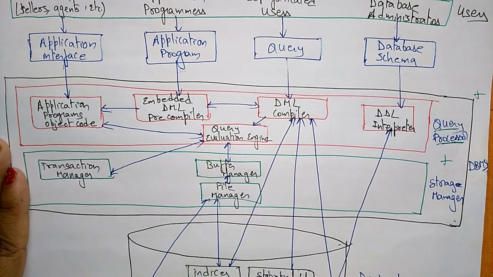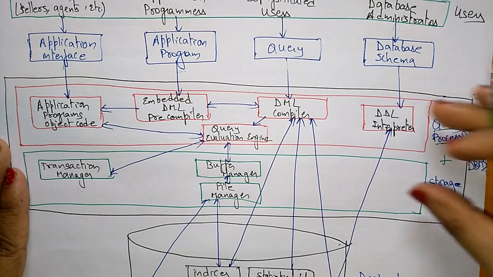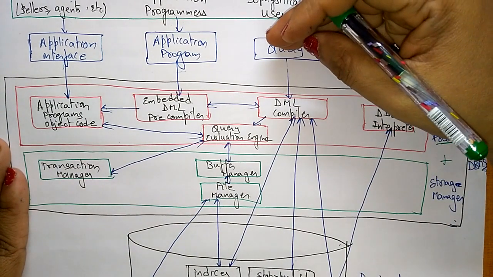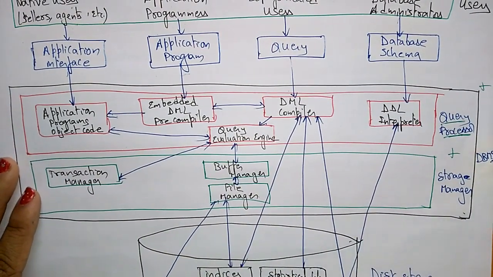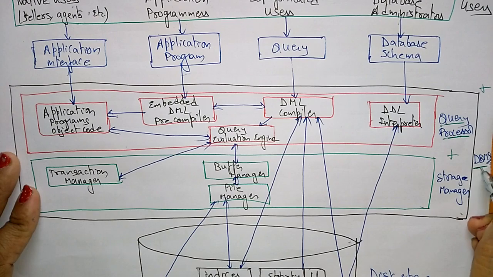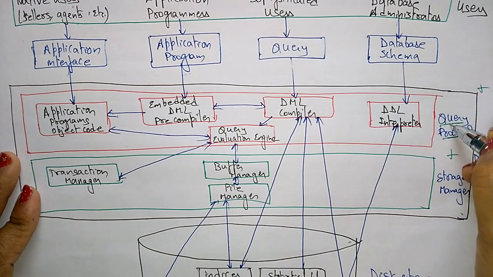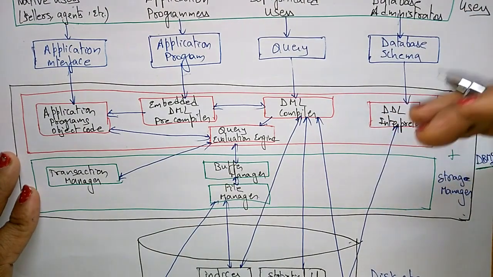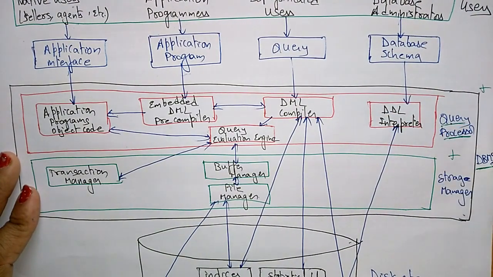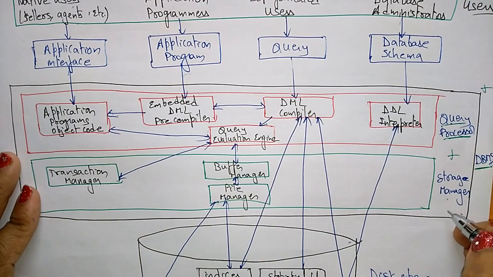So this database management system software helps to interact between the application programmer and the database. The DBMS consists of the query processor, which translates the language we have given into queries, plus the storage manager.